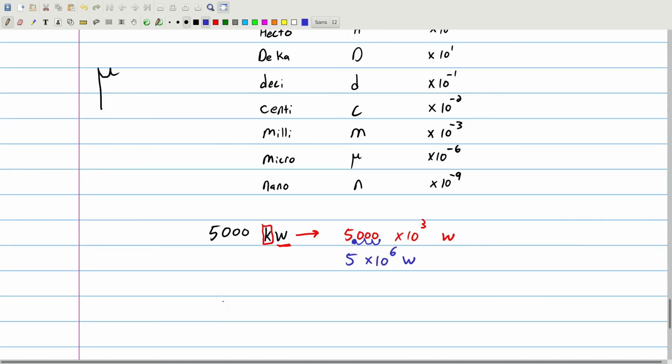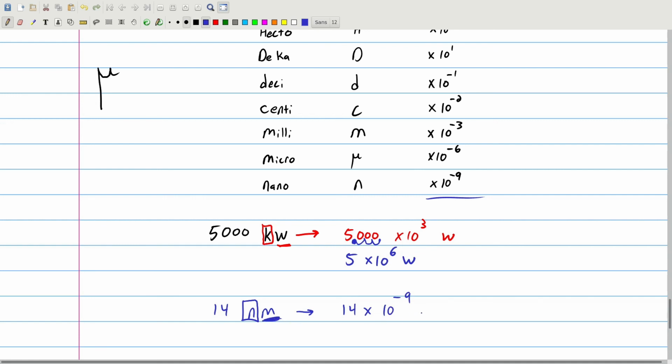Let's try another one. Let's say that somebody told you that we had 14 nanometers. Well, 14 nanometers, how much is that in meters? Well, it's going to be 14, but we need to recognize that nano is also hidden scientific notation. It means times 10 to the negative 9. So it's times 10 to the negative 9.